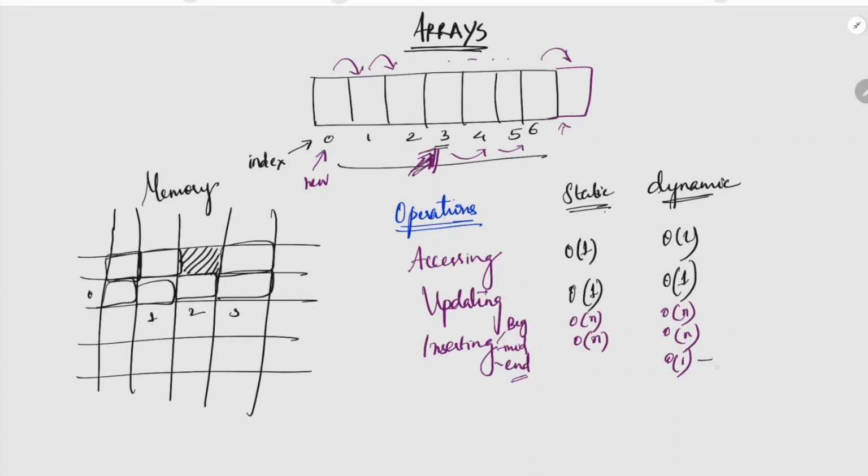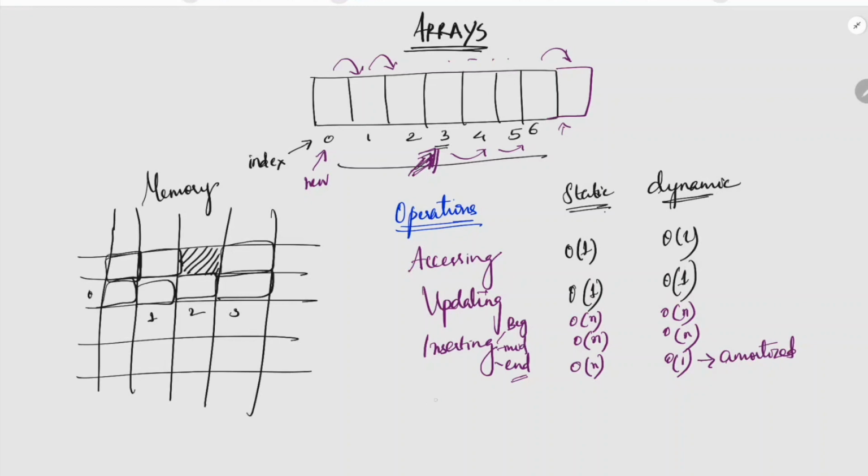So we average that to O(1), and this is called amortized time complexity. Whereas in case of static arrays, it is still going to take O(n) because your array is totally filled up, and so you're going to create a copy and insert the new element.